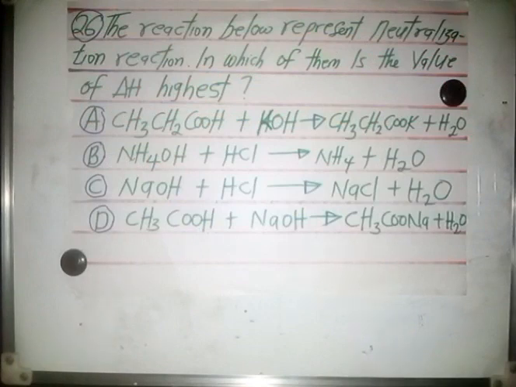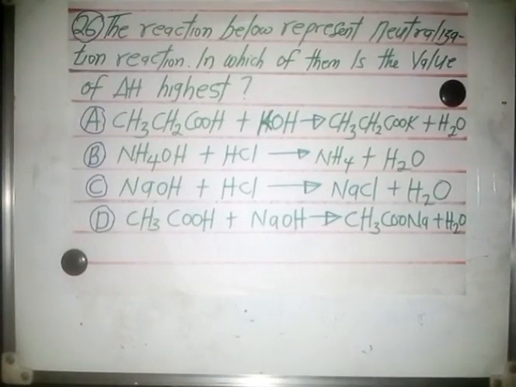26. The reaction below represents a neutralization reaction. Which of them is the value of ΔH highest? Of course, ΔH is the enthalpy. So in this kind of equation, you have to look for the one whereby the reaction is between strong acid and strong base, because it is that reaction that will give you the highest value of ΔH.